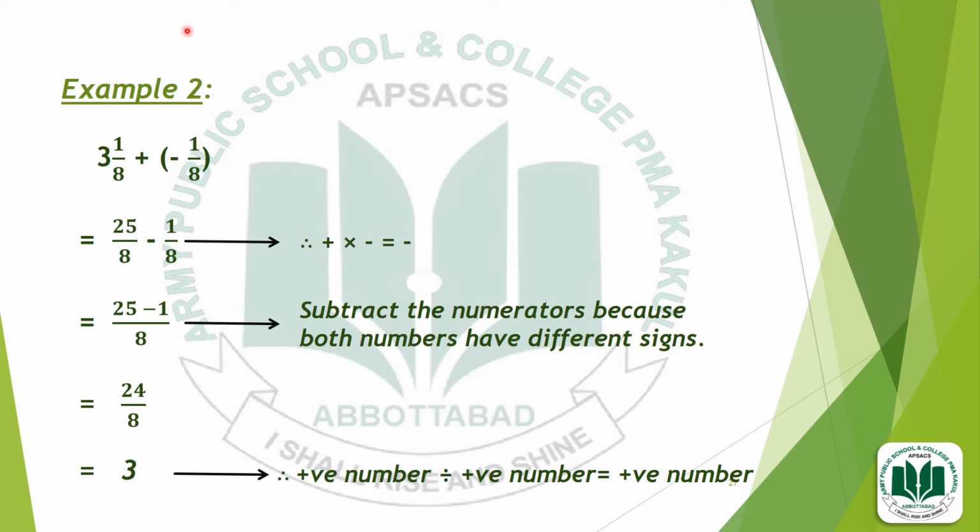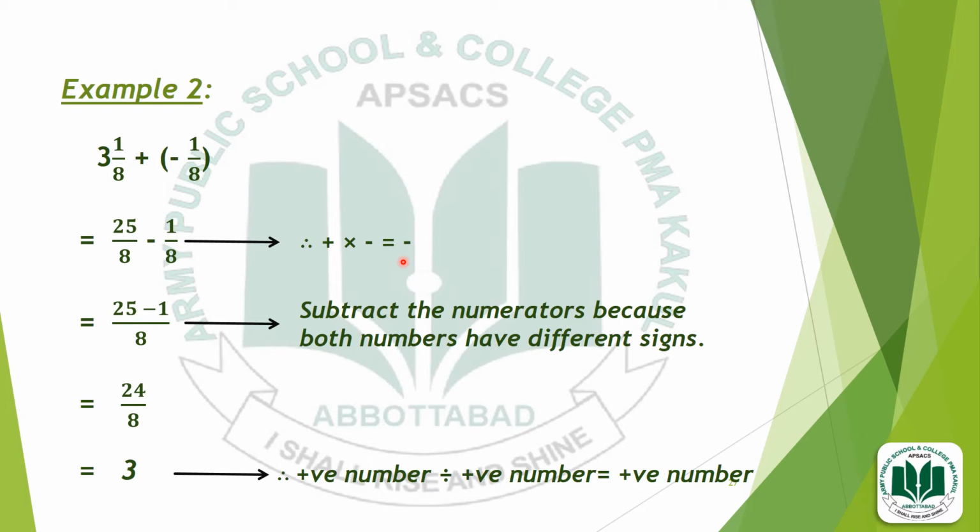Here is another example of subtracting like fractions. We have an expression 3 whole 1 by 8 plus into minus 1 by 8. First of all, we will merge the signs by using the rule plus into minus is equal to minus.